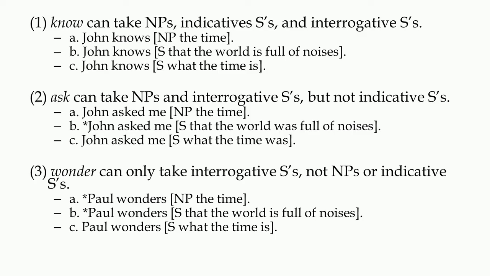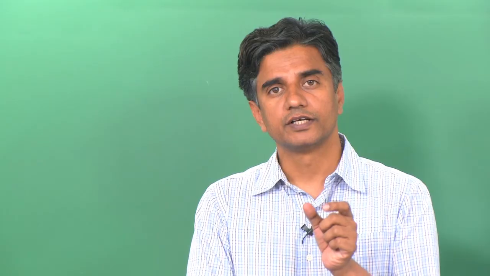John knows the time. The time, as an object of the verb know, is a simple NP. John knows that the world is full of noises. That the world is full of noises is an example of an indicative sentence, and the whole sentence serves the purpose of an object. The whole sentence is the object for the verb know.